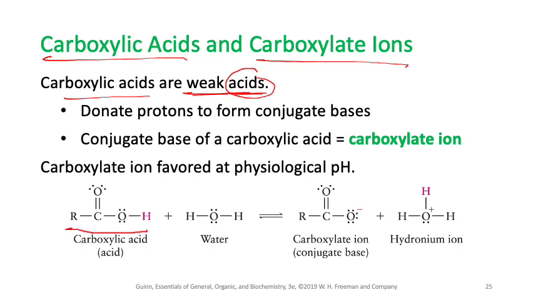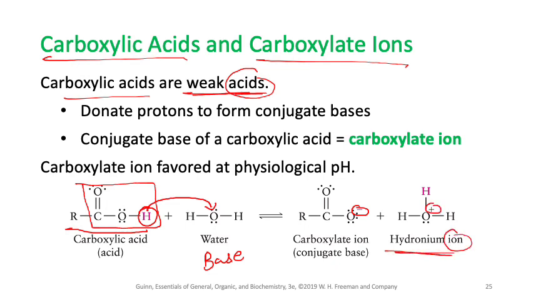So let's take this example over here. This is a carboxylic acid, and this is the hydrogen in this carboxylic acid, which is acidic, right? It reacts with water. Water in this case is acting as a base. Why? Because the carboxylic acid is going to donate a hydrogen to this oxygen, converting it into an ion, and the water gets that proton and becomes an ion called hydronium ion.